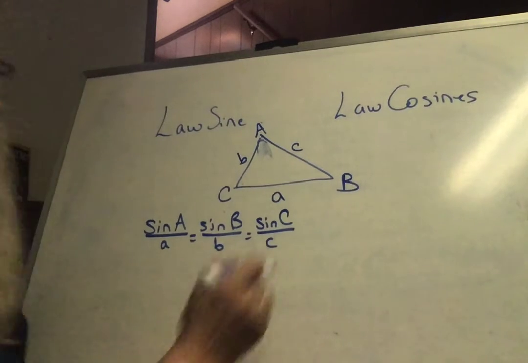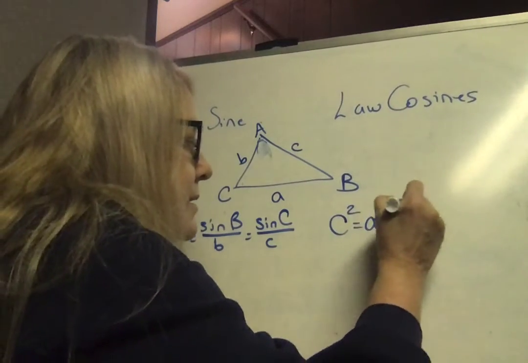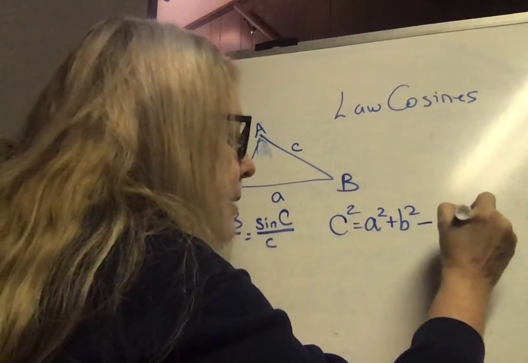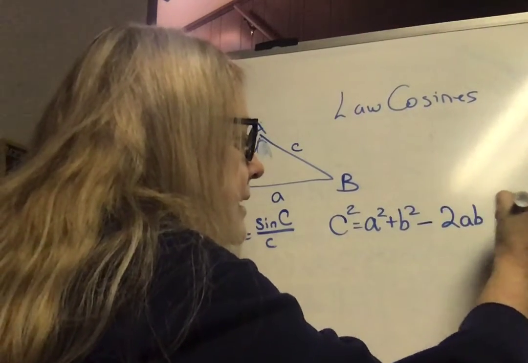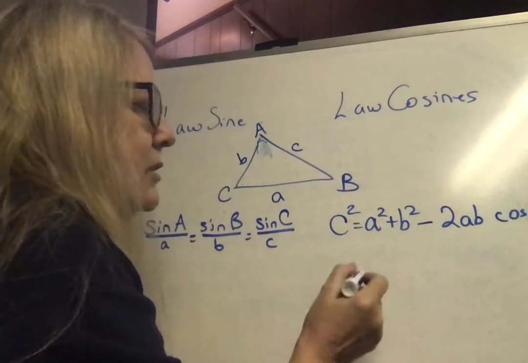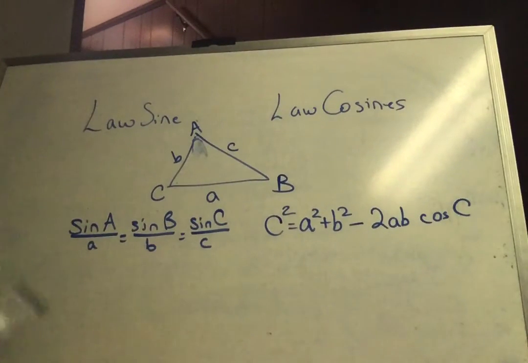Law of cosines generically is that c squared equals a squared plus b squared minus 2ab cosine c. Those two match. That should have been a little one. Now, we can change the letters, but it's going to be that same basic thing.